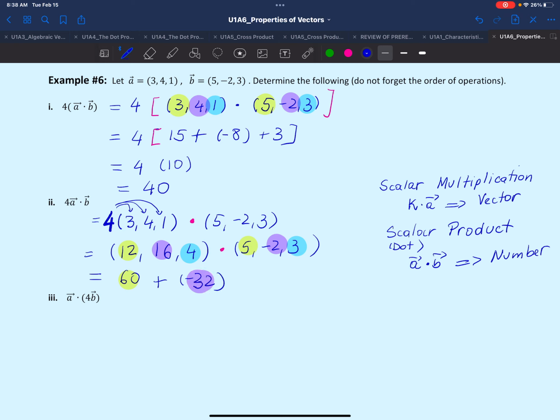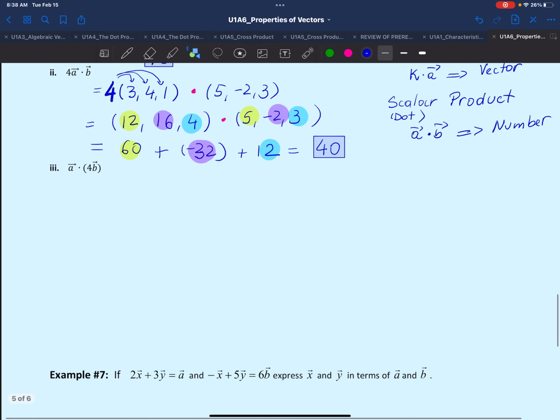And last, we have 4 times 3, which is 12. So add them all together. Negative 32 plus 12 would be negative 20. Add 60, the answer is 40. So far we're happy with the results. As predicted, we said that the answer should be the same, and so far we got the same answer.